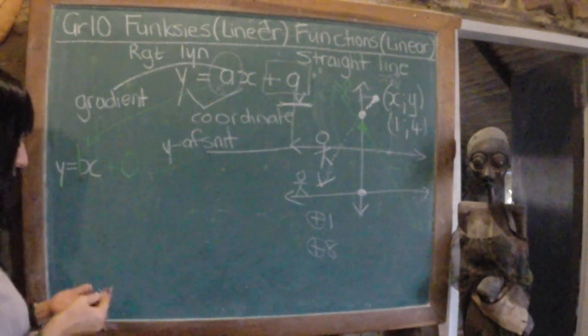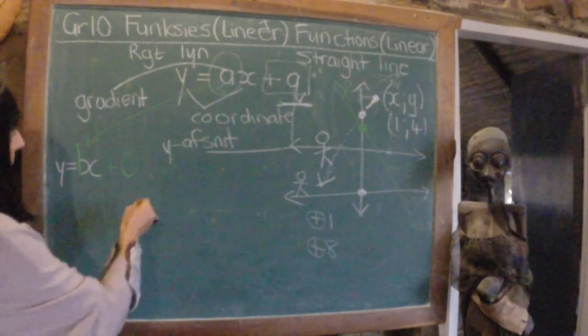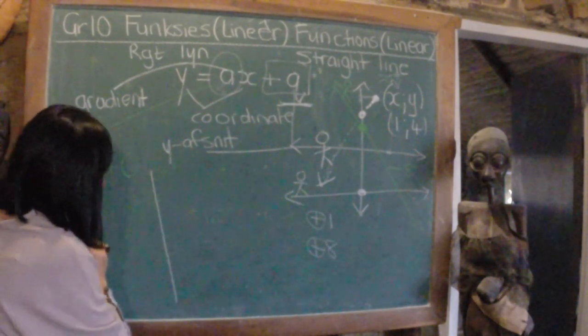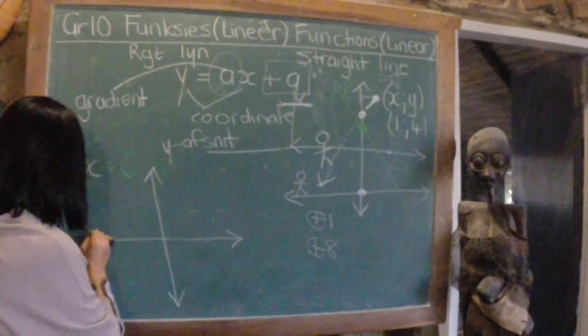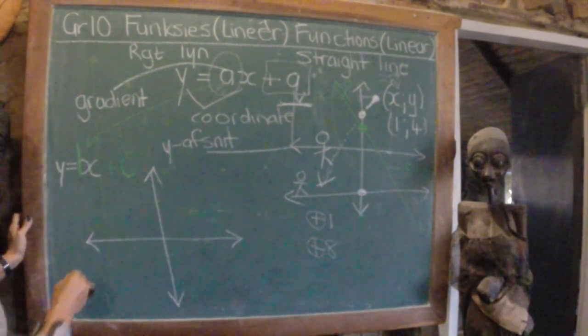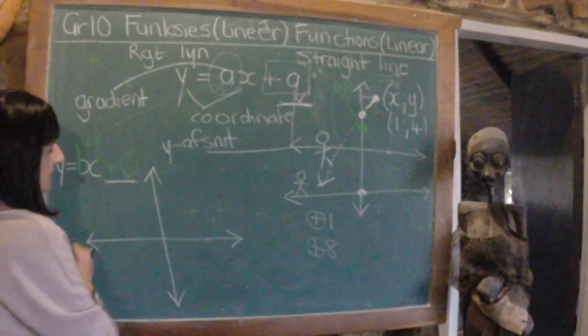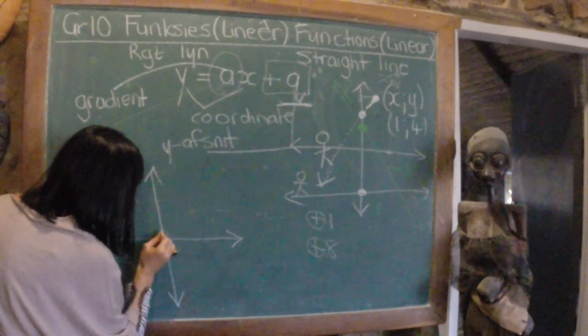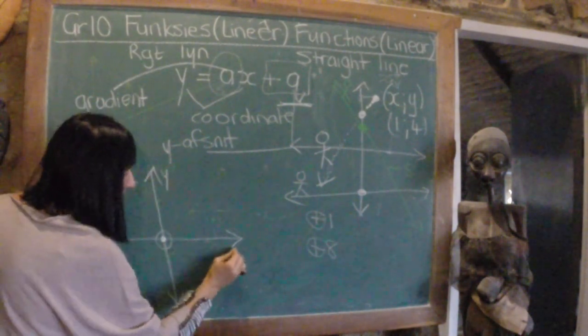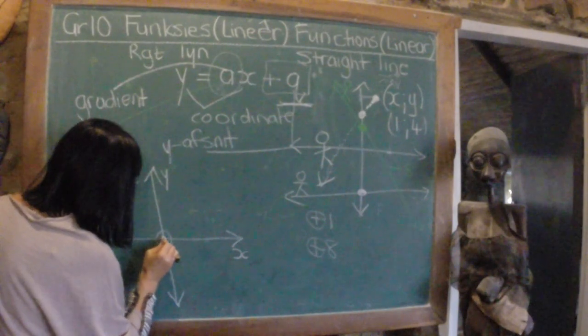Niks. So met ander woorde, as ek nou op my kartesiese vlak my reguit lyn wil gaan teken, dan weet ons dat hy by die y-as deurgaan deur die punt 0. Dis die oorsprong. Daar's die y-as, daar's die x-as. So hy gaan daardeur.